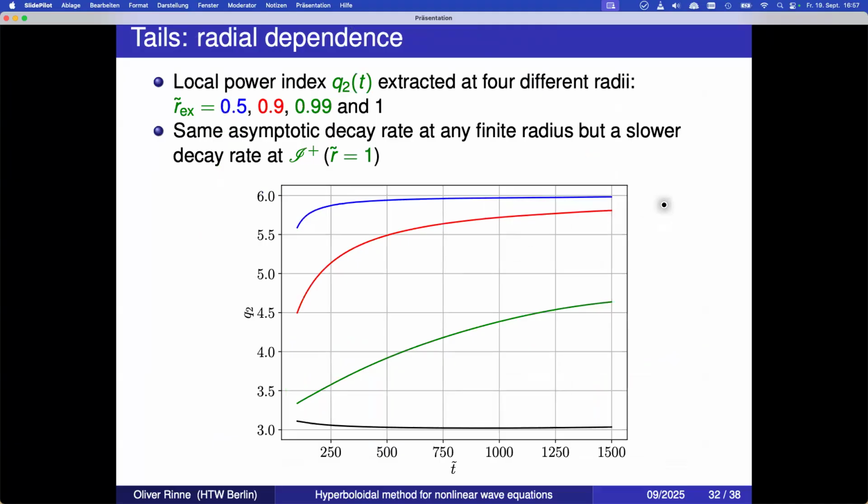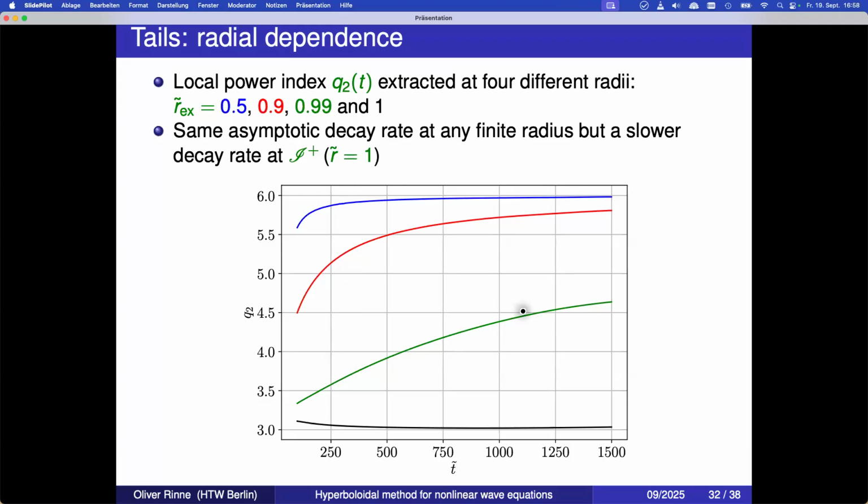Okay, so what is interesting is that there's a radial dependence of these decay rates at any finite radius, as you can see here, for, say, R extraction equal to 0.5, 0.9, 0.99. These curves approach or appear to approach, as far as you can see from these plots, the same decay rate, which would be 6.